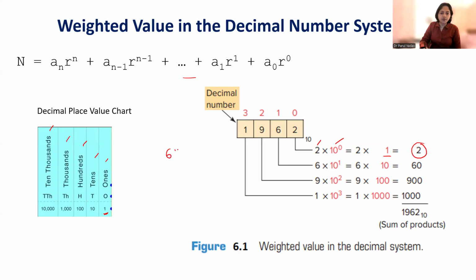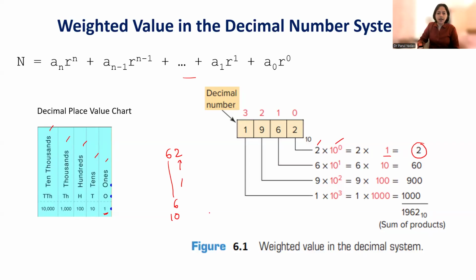I'll quickly tell you. Suppose this is 62. The face value is the number itself, so the face value of 2 is 2, and the place value of 2 is 1. Now, the face value of 6 is 6, but the place value of 6 is 10, right? Because it is a tens place.